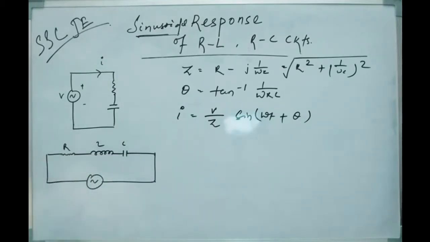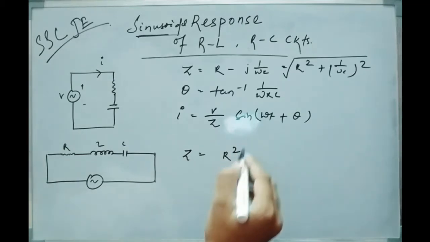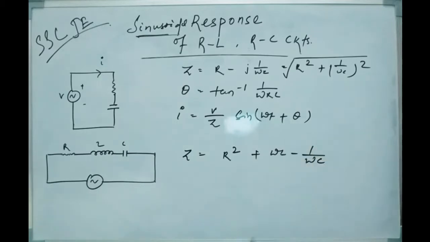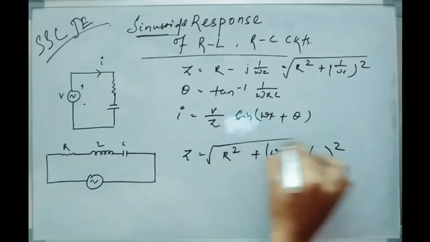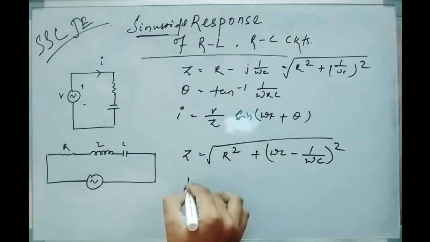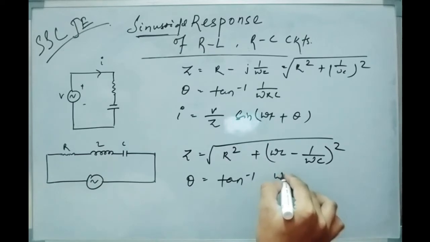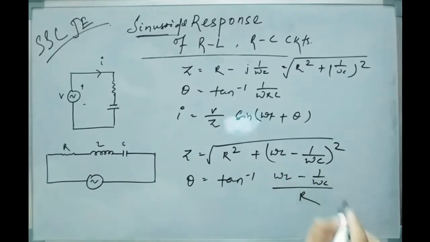So for this RLC series circuit, similarly we can write Z equals square root of R square plus (omega L minus omega C) whole square, and theta is tan inverse of (omega L minus 1 by omega C) by R.